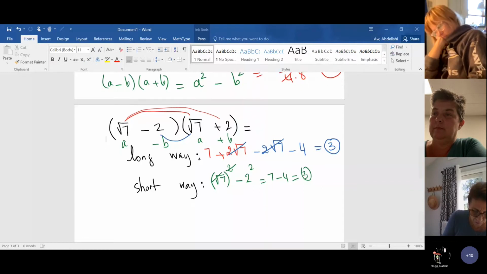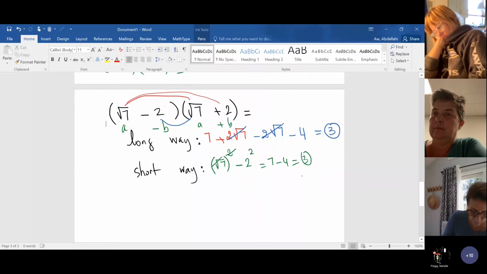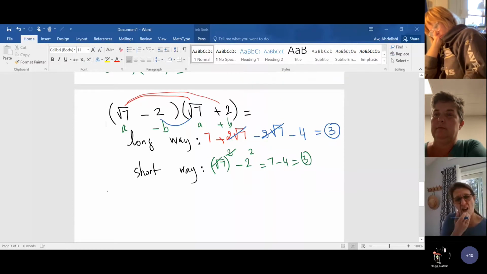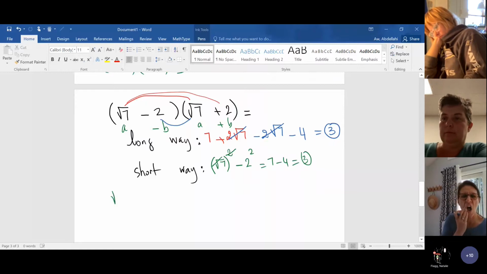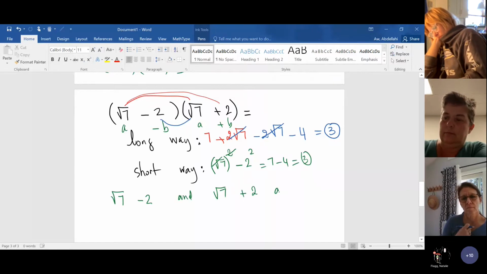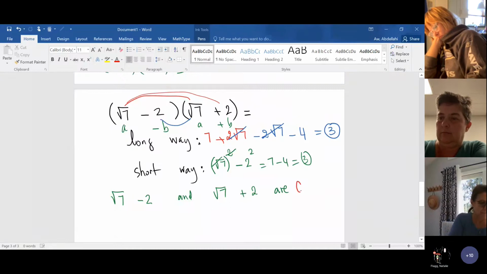Okay, so a plus b and a minus b are called conjugates. So square root of 7 minus 2 and square root of 7 plus 2 are conjugates, right? That is a new word for you, right?